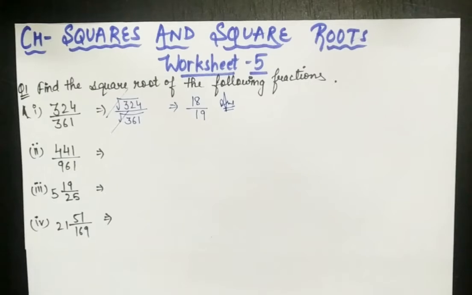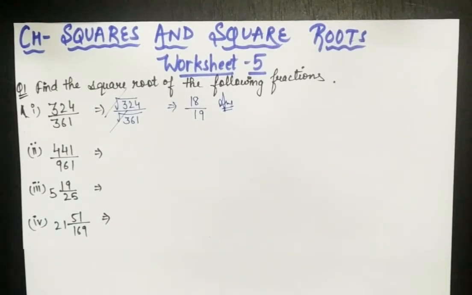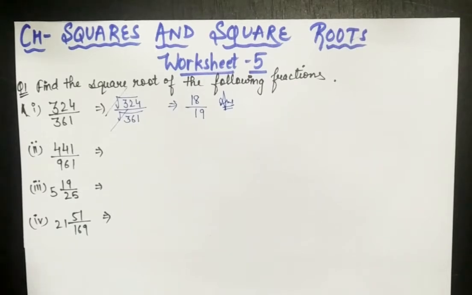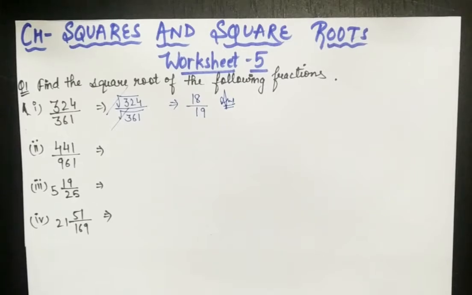Now you will be asking me that 441 is not the square of a number between 1 to 20, nor is 961. So how will we do this? You will be asking this question as it came to your mind.